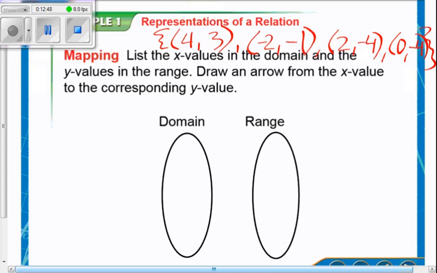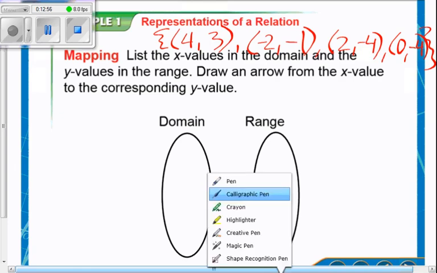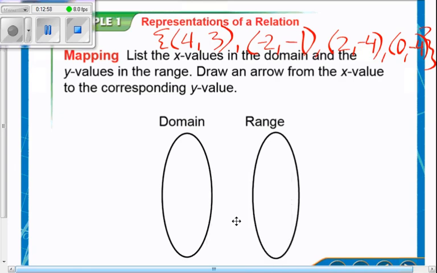So, again, it's important that we list things from small to large in both bubbles, okay? So when I look at all my x values, that's what domain is, right? Domain is x and range is y. And when I come back on Monday, I'll show you a cool way to remember that, okay? So my range, that's all my y values, right?